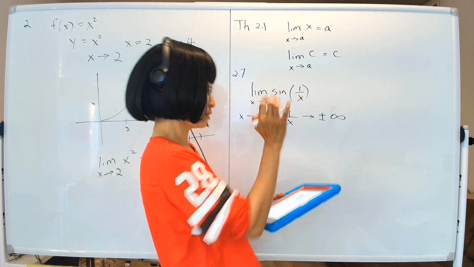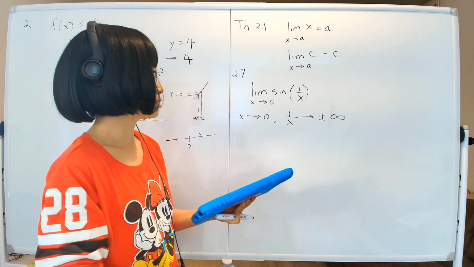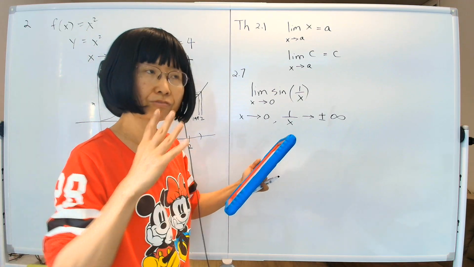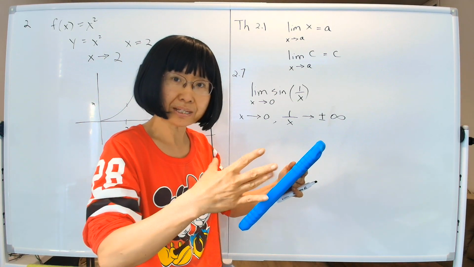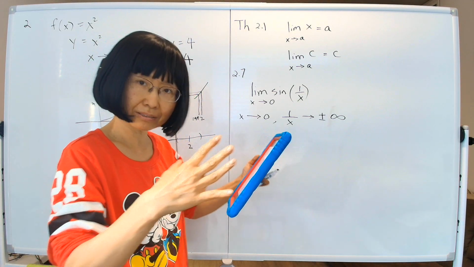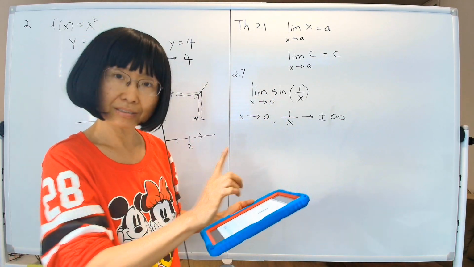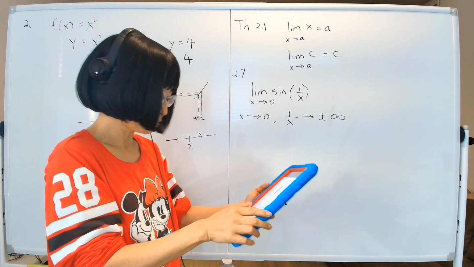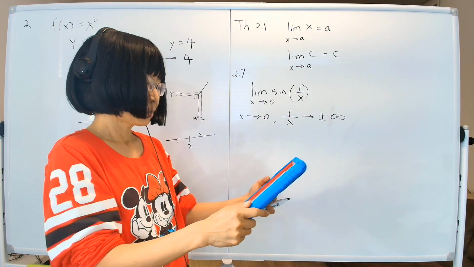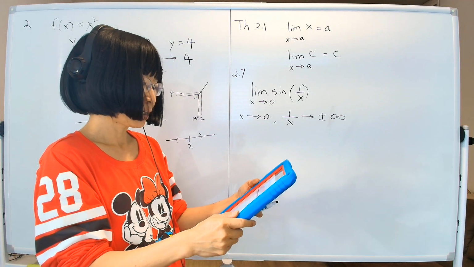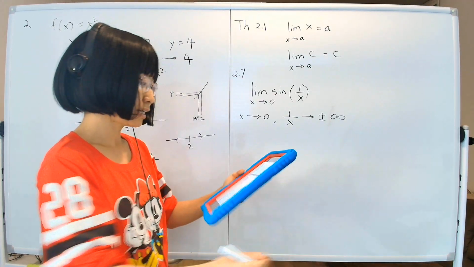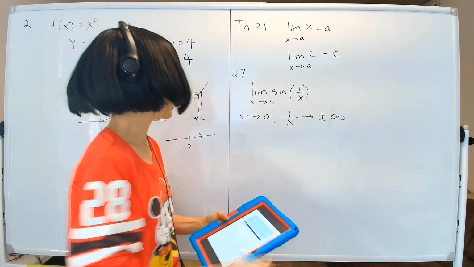For the limit to exist, the y value has to converge and approach something. This isn't approaching anything because it bounces back and forth and doesn't ever stop. So having said that, next let's look at example 2.8.